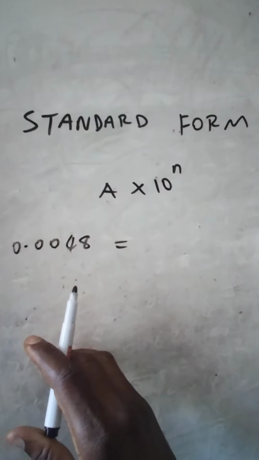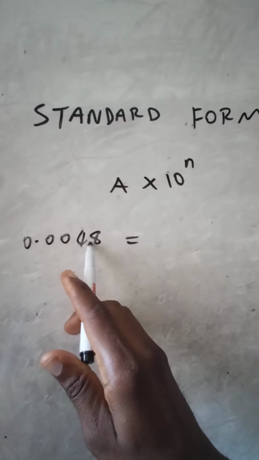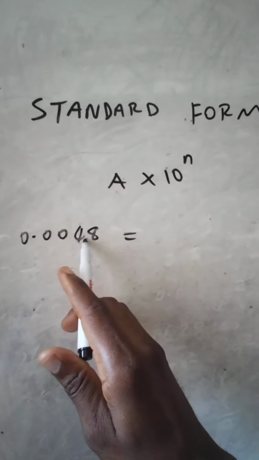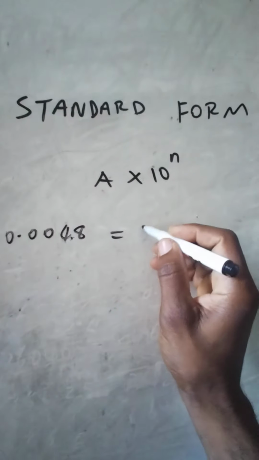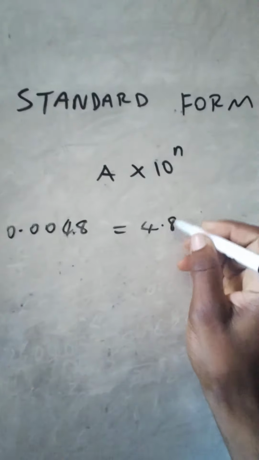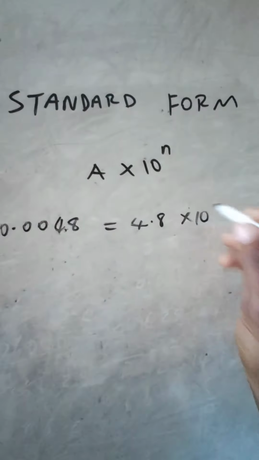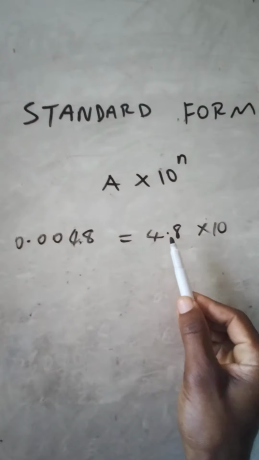So the first thing to do, put the point after the first whole number. First natural number, first number between 1 and 10, which is 4. So you're going to rewrite it as 4.8. Multiply by 10, that is standard. And what you need to do now is to say, okay, this is a new number.